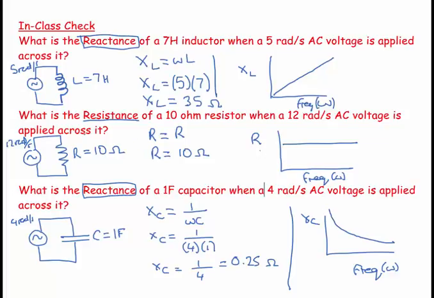If I wanted to do this problem using Hertz, so supposing I wanted to use Hertz instead of radians per second, then I would say, well, my omega equals 2 pi f. So from that, I'd work out what my omega is, and then I'd put my omega into my XL and my XC.